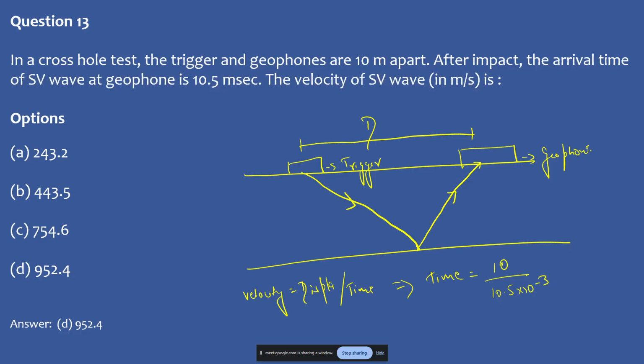If we check this value, the answer I'm getting is 952.38 meters per second, which is basically 952.4. So your correct answer is option D, 952.4 meters per second.